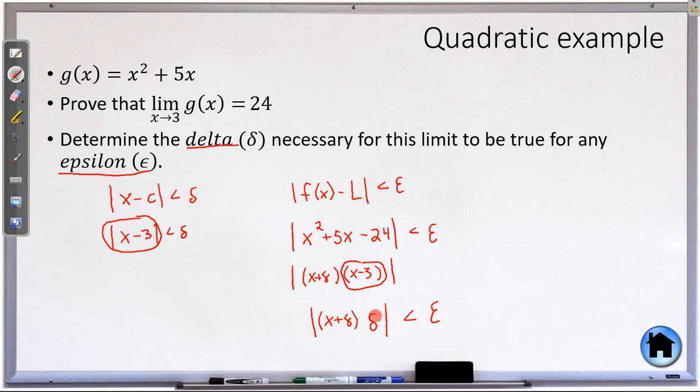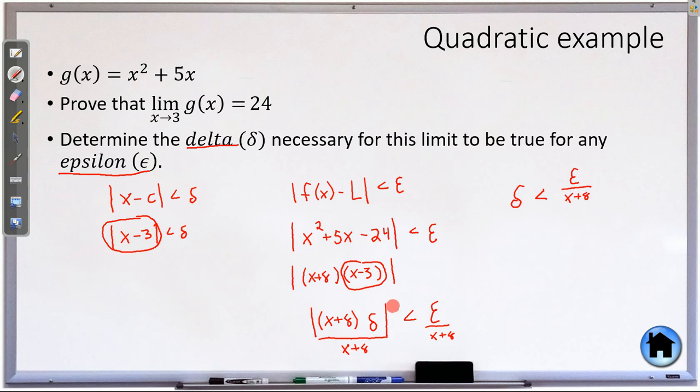And so what we're going to do is divide both sides by x plus 8. And so delta has to be less than epsilon over x plus 8.